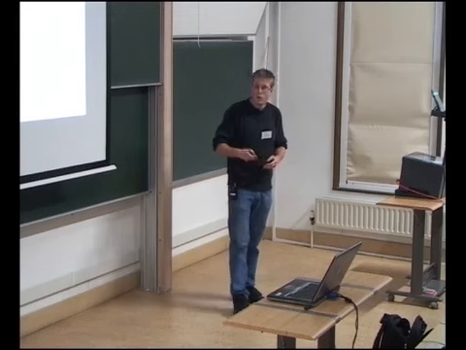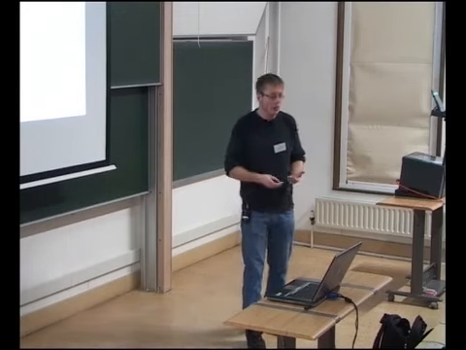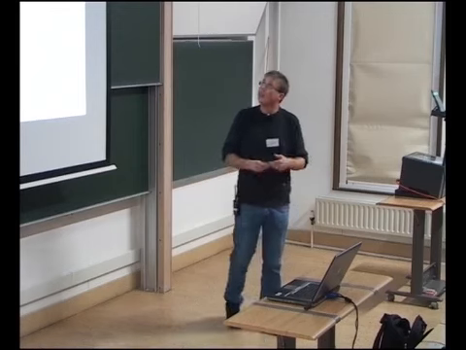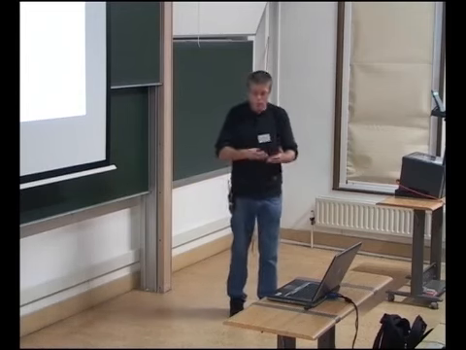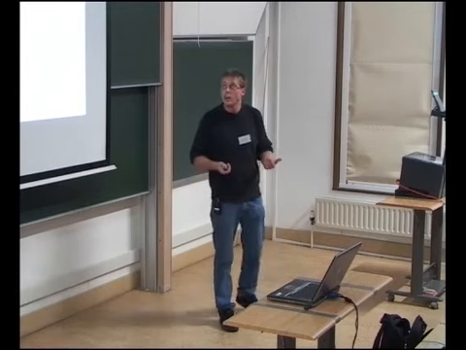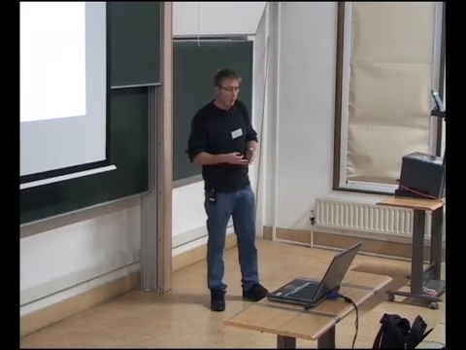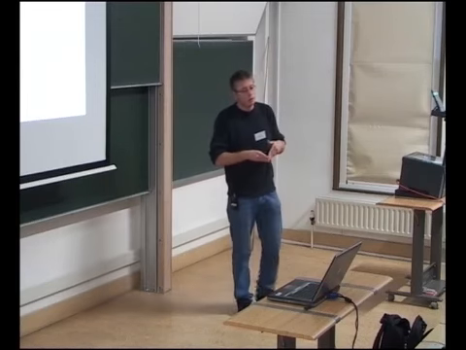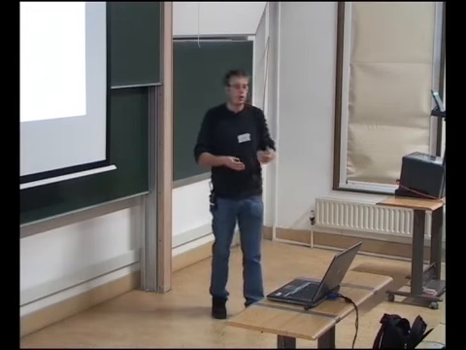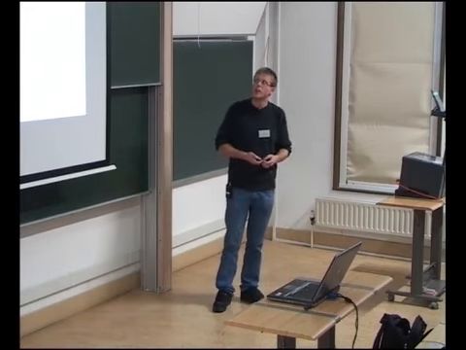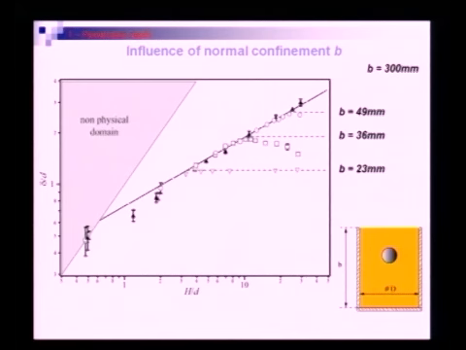And we see that for over about 5, when D over d is about 5, we are also in the infinite case. So that's what we can see about the lateral confinement. We are able to see the range of wall effects and their influence on the penetration.